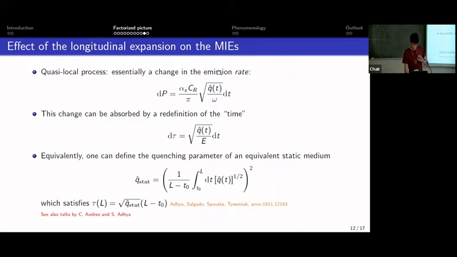And as we have seen, under this approximation, we can basically change the definition of the time, and we can map the expanding medium case to a static medium just by using this change of variable inside the cascade. So this has been discussed already, so I will not spend too much time on that.